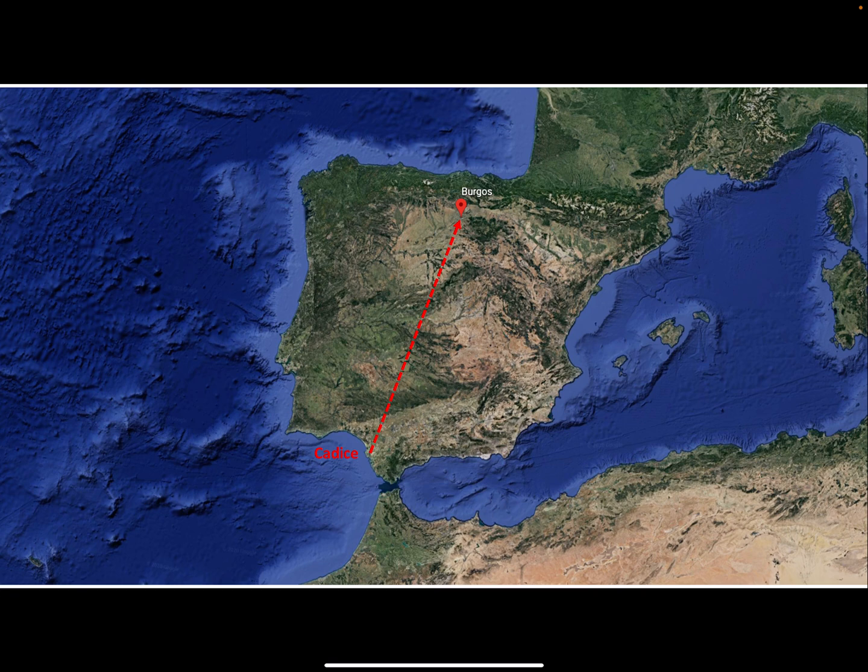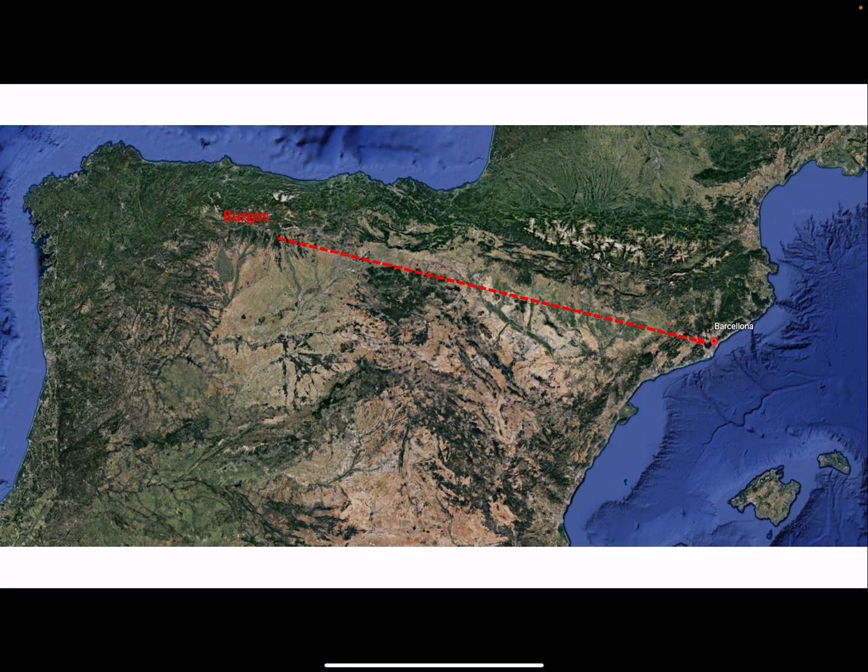And as with many Christmas gifts, they thought to give him as a present for the Republic of Venice, to the ambassador of Venice, Francesco Cappello. Francesco Cappello got Diego Colon, and from Burgos they traveled together to Barcelona.